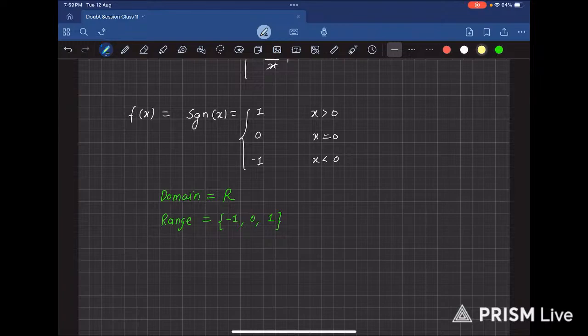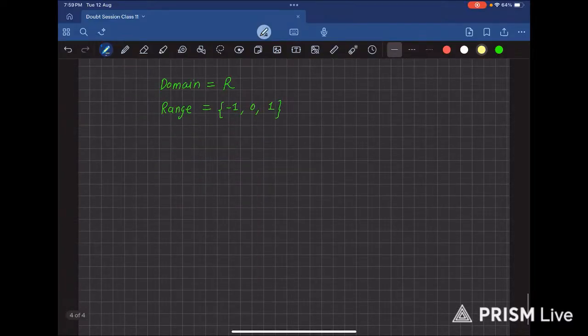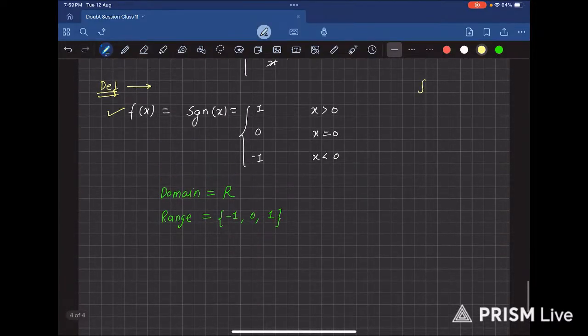If the question is asked in your exam, then you have to write the definition of signum function, and the definition you can see from the NCERT textbook. And this part, f of x is equal to SGN of x is equal to 1, 0, minus 1, and the domain and range. This question can be asked for 5 marks, everyone.